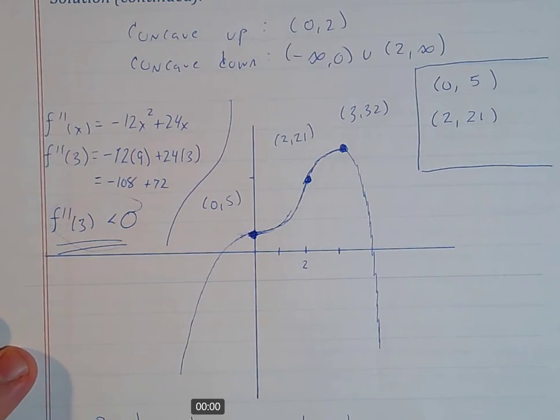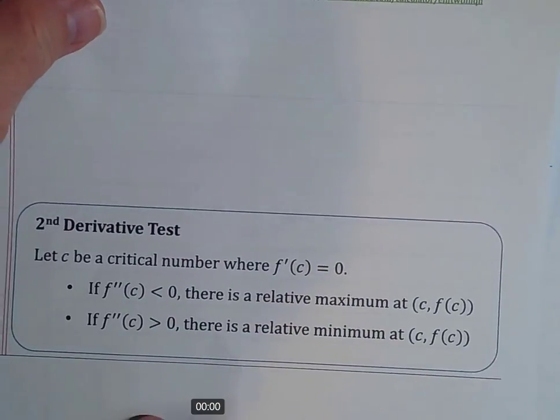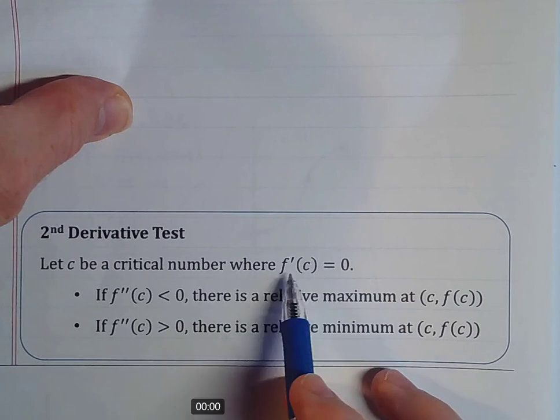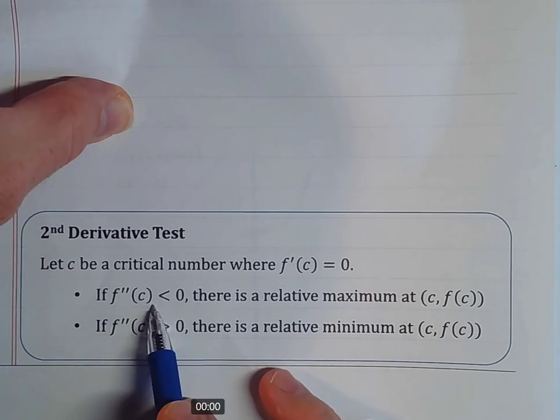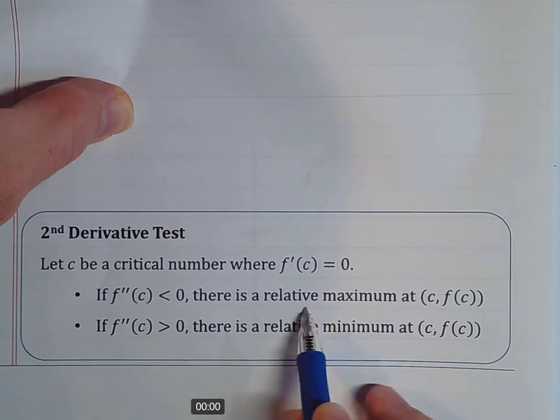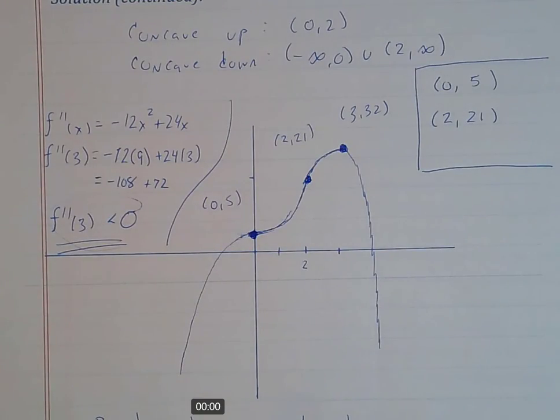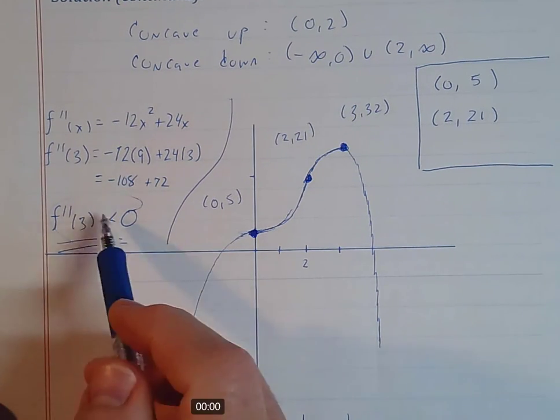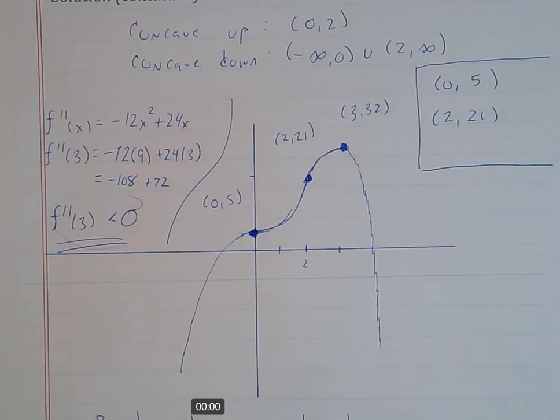And remember that the second derivative test says that if we've got a horizontal tangent line and the second derivative is negative at that critical number, then there's a relative max. So we don't really have to do this because we already knew that, but we can see that everything sort of works out the way we expect it to here.